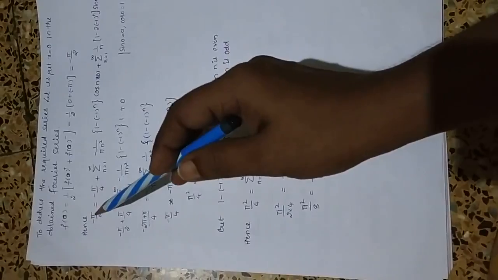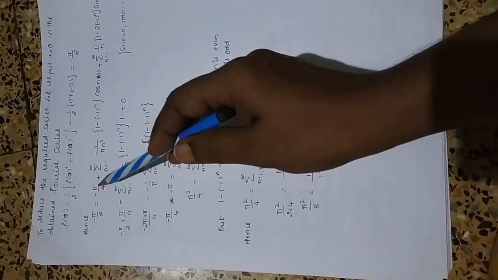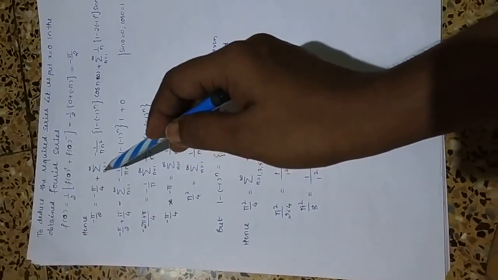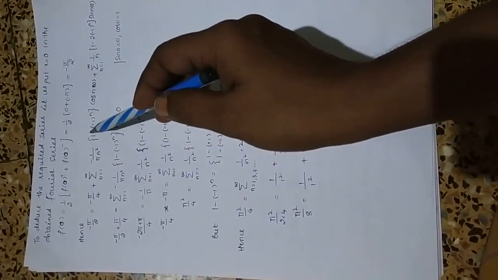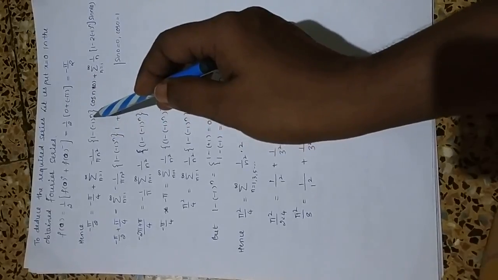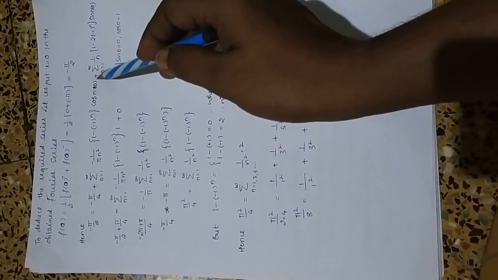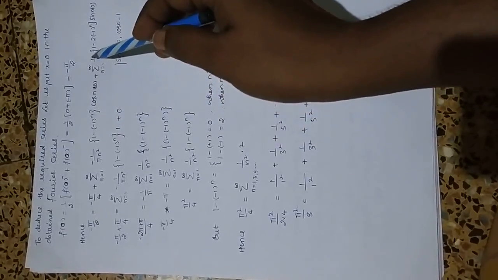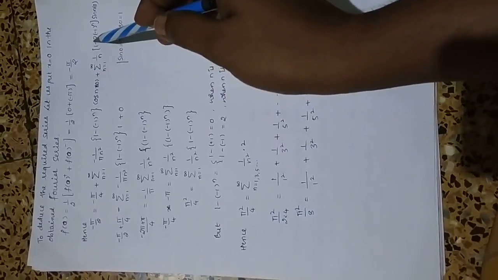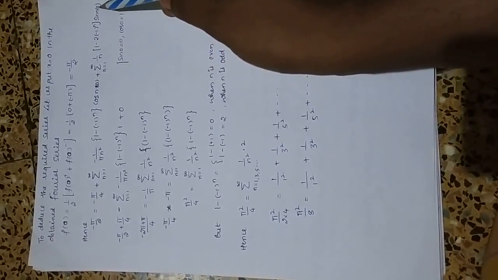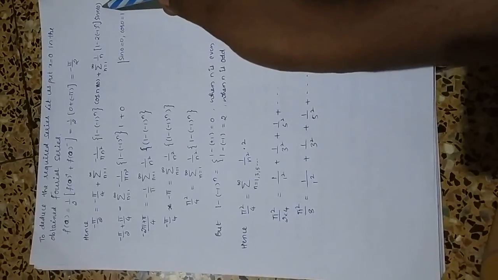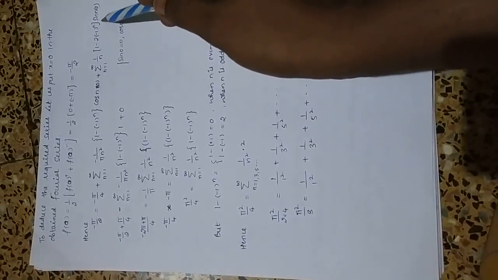Hence minus pi by 2 is equal to minus pi by 4 plus summation n equals 1 to infinity of minus 1 upon pi n square into bracket [1 minus (minus 1) raised to n] cos n into 0, plus summation n equals 1 to infinity of 1 by n into bracket [1 minus 2 into (minus 1) raised to n] sin n into 0. Sin 0 is 0, therefore this term becomes 0.